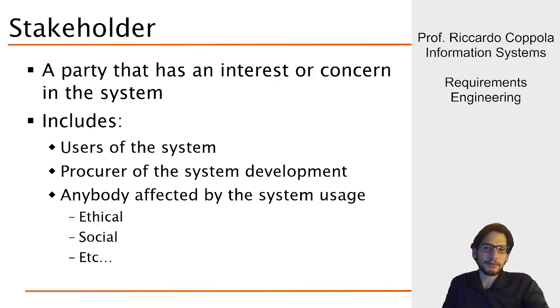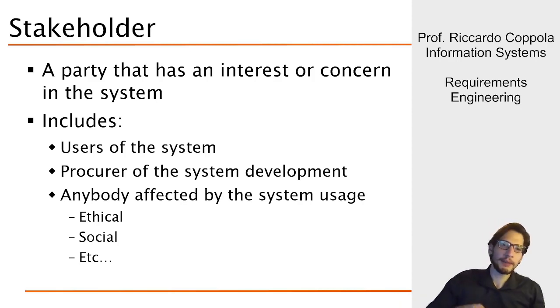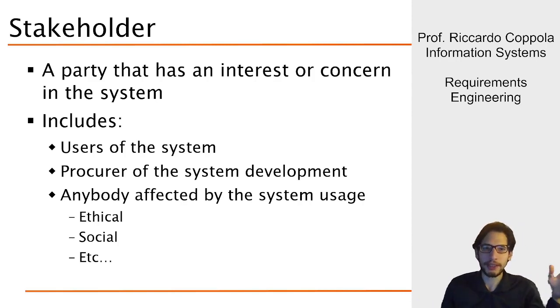Also, there are other people, in addition to users and committants, who are influenced by the use of the system, because our systems won't live in a bubble, and they will interfere with other people. They will have influence on other systems. In many cases I must also consider ethical and social aspects.